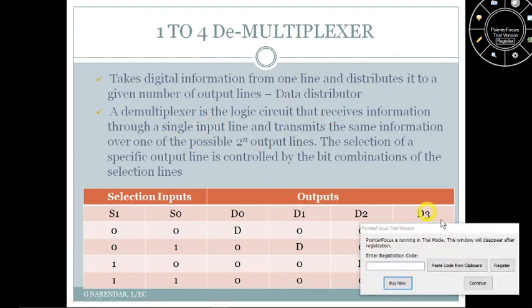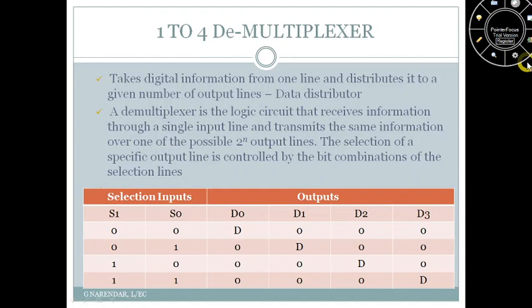So we'll discuss one important demultiplexer circuit here, that is the 1 to 4 demultiplexer.